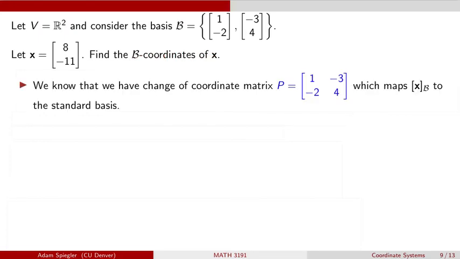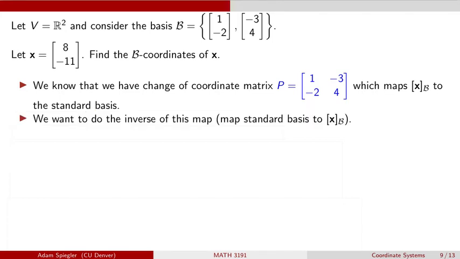So let's see how this would work. We have a change of basis matrix P, (1, -2), (-3, 4), but this is what we would use to map from B coordinates to the standard coordinates. This question is asking us to do the reverse.